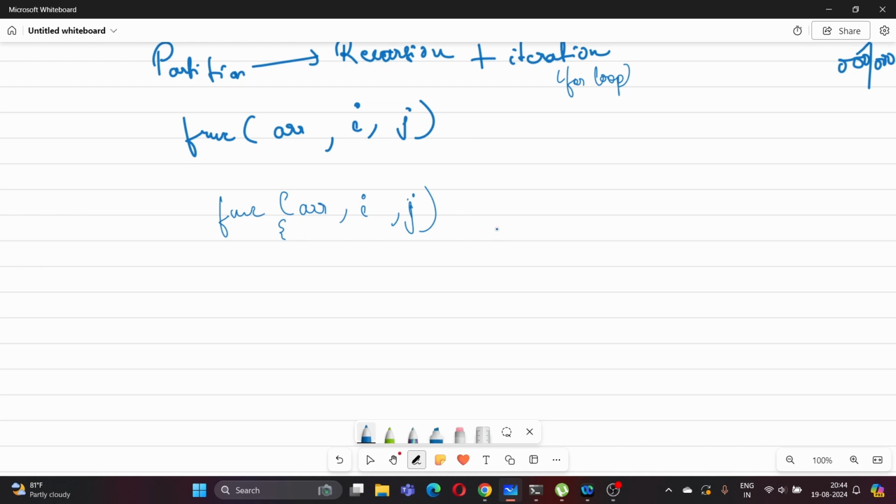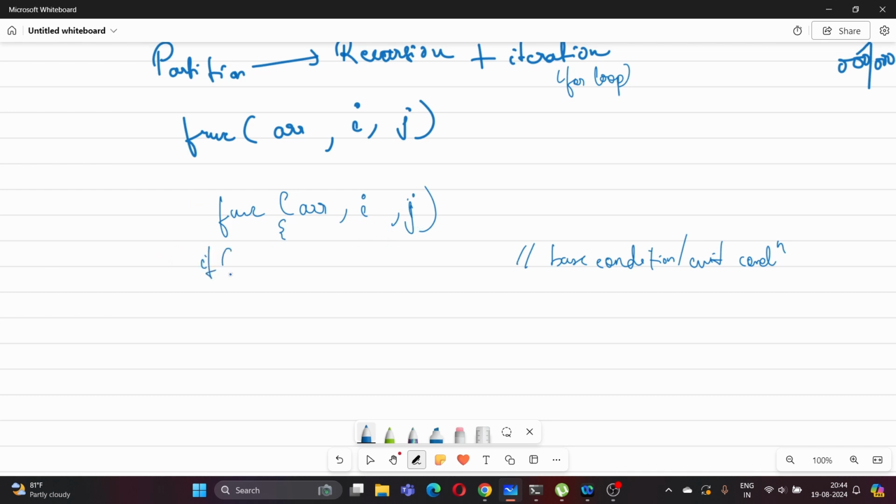As we know, in a recursive function, the first thing is to write the base condition. Base condition sounds more like an exit condition, better to say base condition or exit condition. This is basically starting, this is ending.